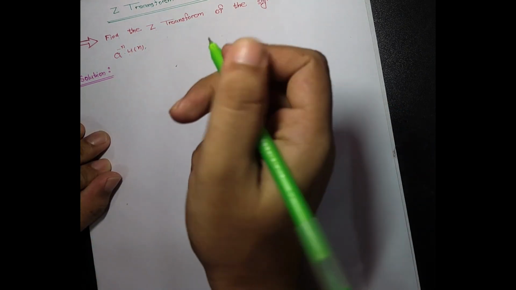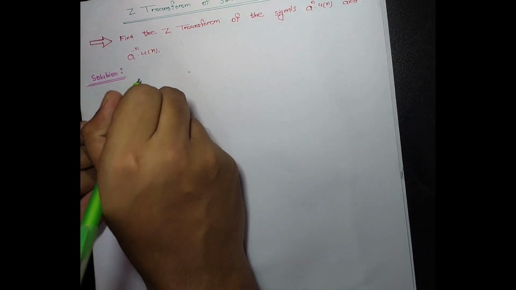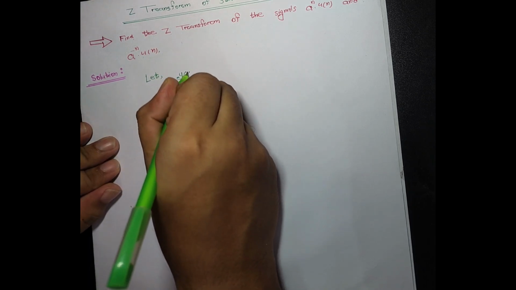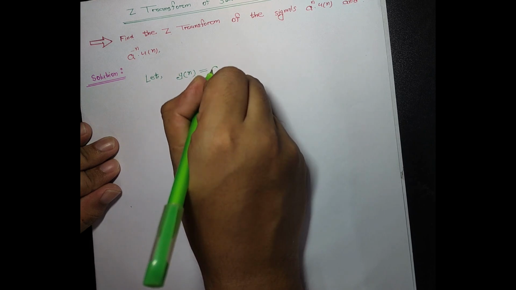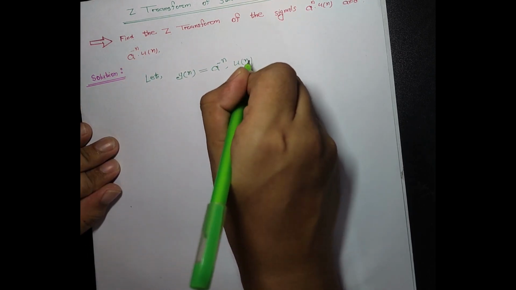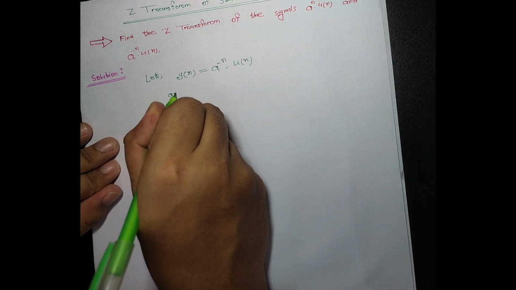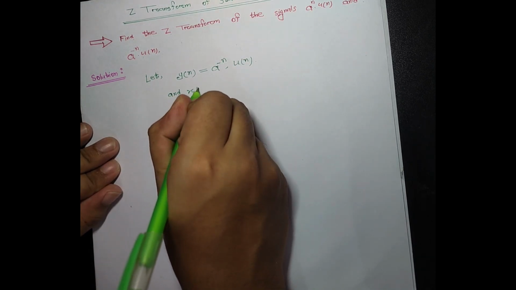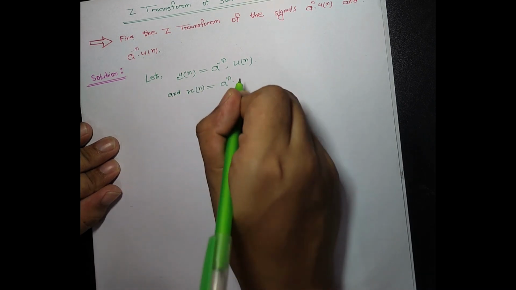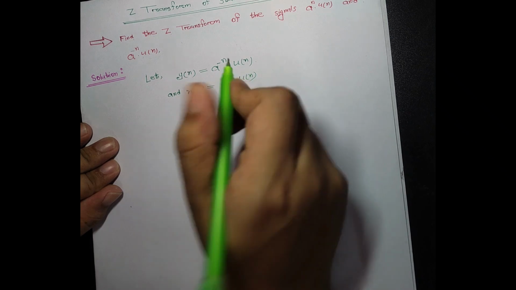The solution is let y[n] equal to a to the power minus n into u[n] and x[n] equal to a to the power n u[n].